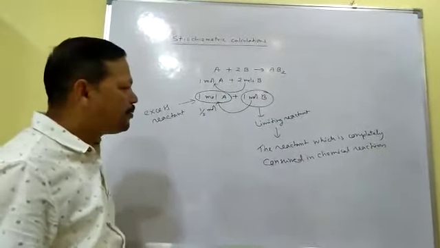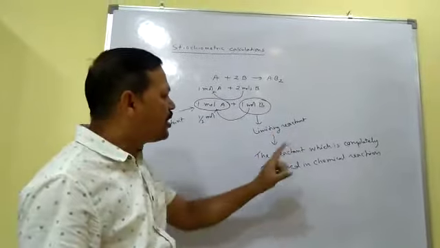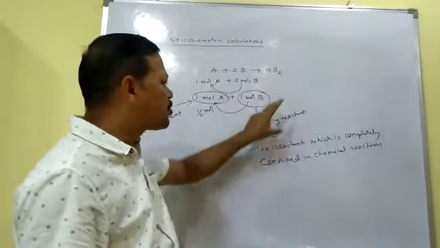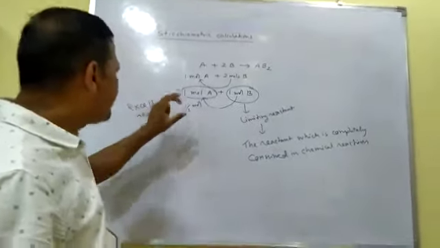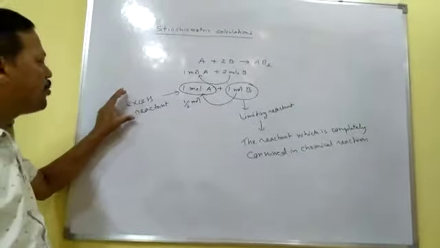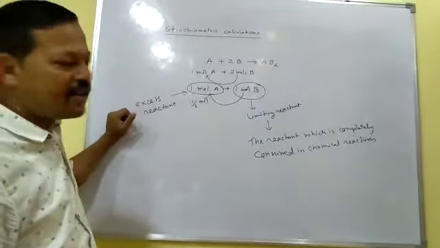I repeat again, the reactant which is completely consumed is the limiting reactant, and the reactant given in excess amount is the excess reactant.